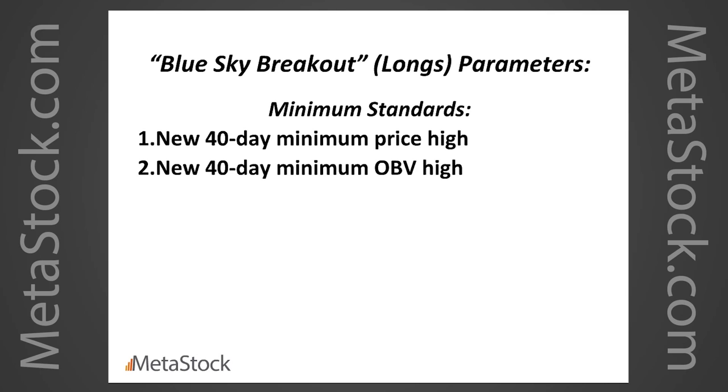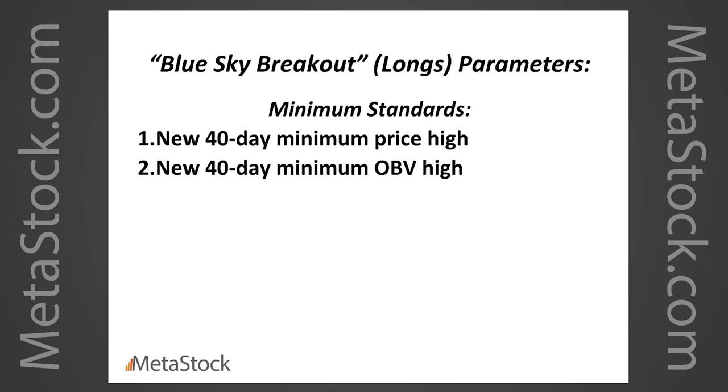And then secondly, you also want to make sure that there's sufficient volume supporting the breakout. My favorite volume indicator, besides the volume bars themselves, which gives you also a good visual read, is the on-balance volume indicator. And the on-balance volume indicator, you probably know, is a running cumulative number of shares traded per day.